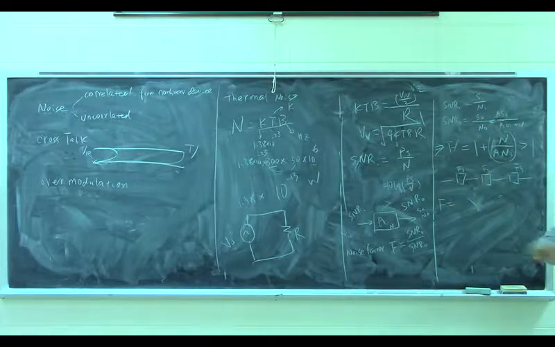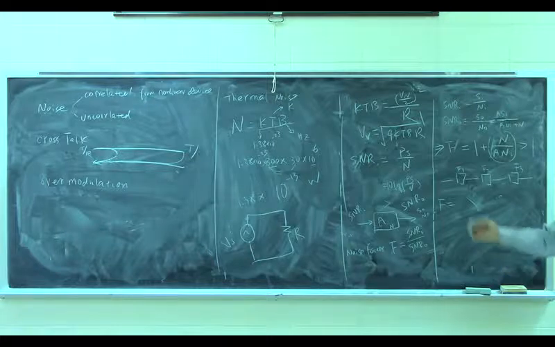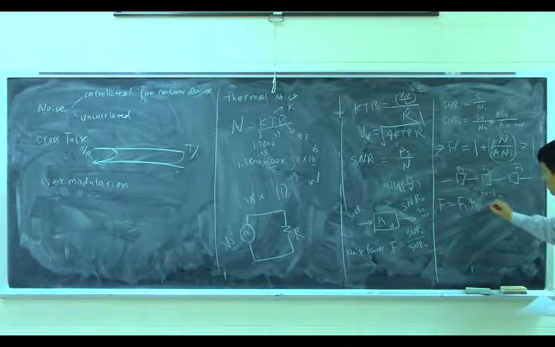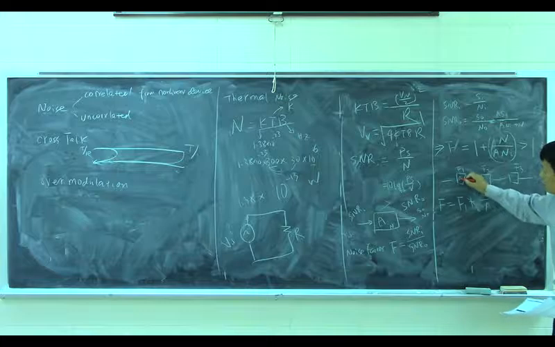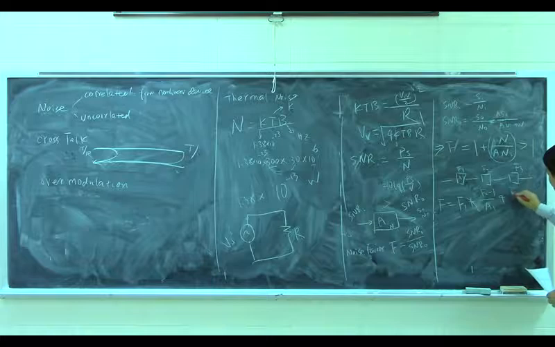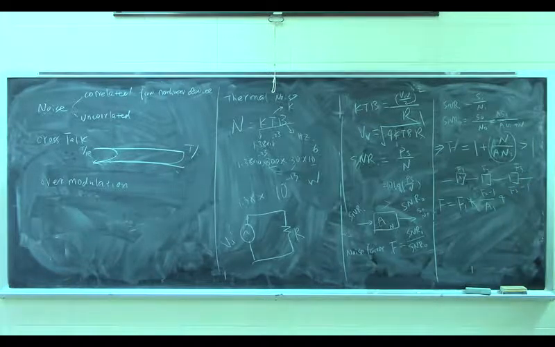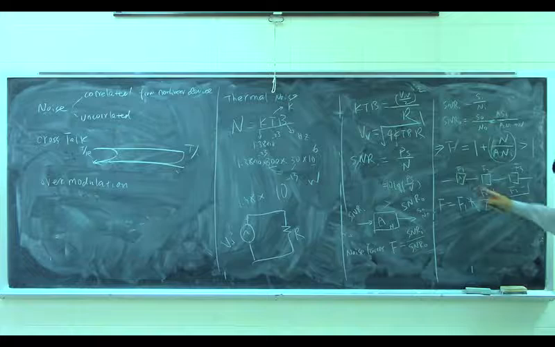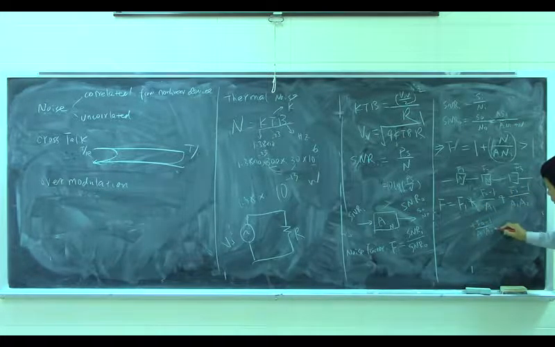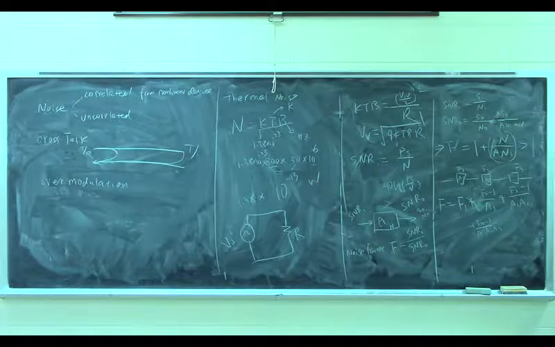It's completely lengthy, but I'll just give you the result. F total equals F1, the first one, plus F2 minus 1 divided by the gain of the first stage, then plus F3 minus 1, divided by the gain of the first and multiplied by the gain of the second, then plus F4 minus 1 over the gain of the first, times the gain of the second, times the gain of the third.